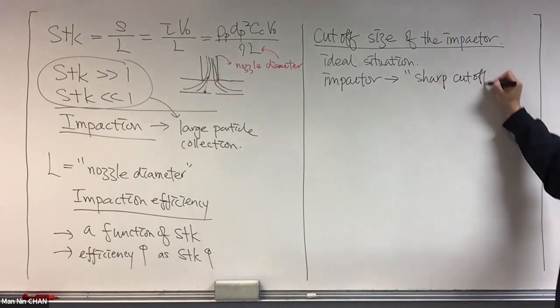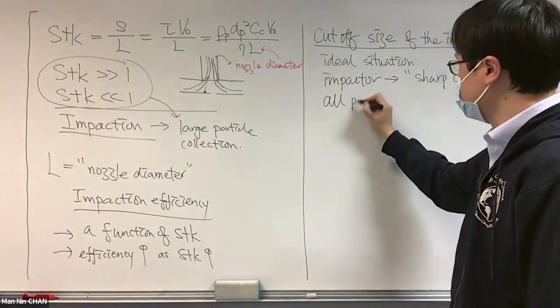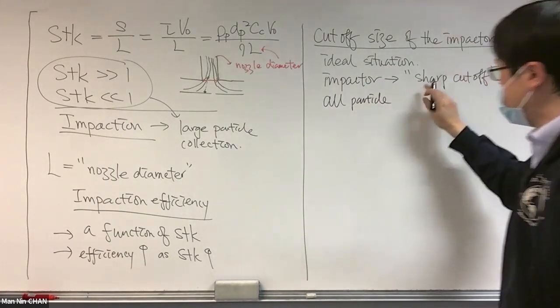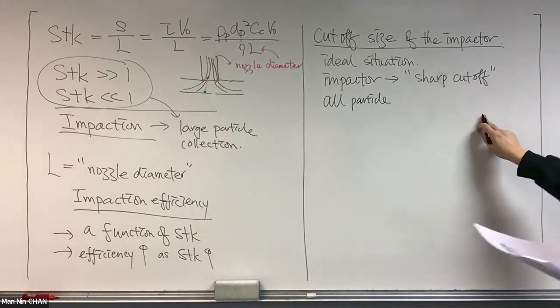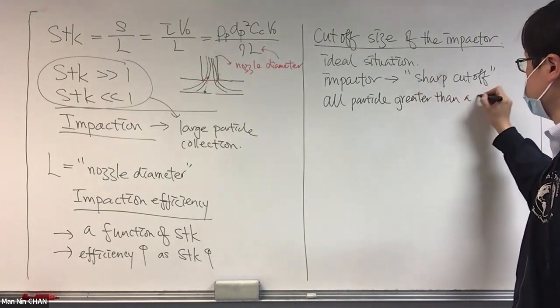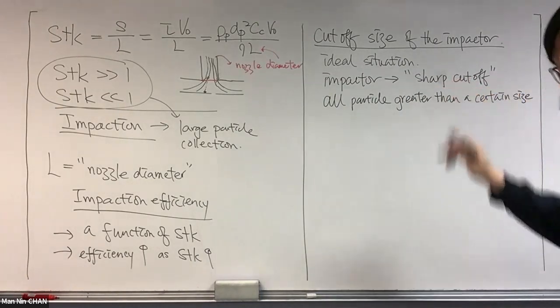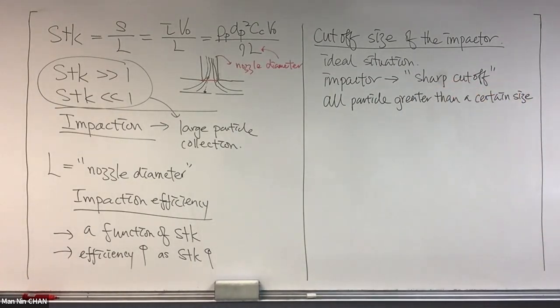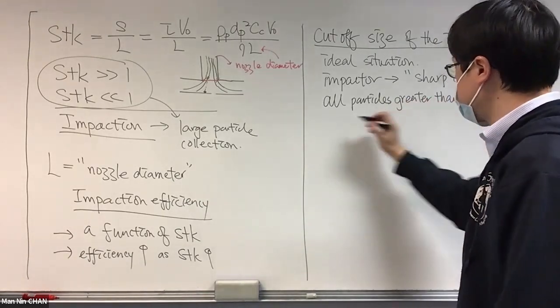What that means is that all the particles or aerosol larger than a certain size, greater than what we call the cutoff size, will be collected. All particles greater than a certain size are collected.